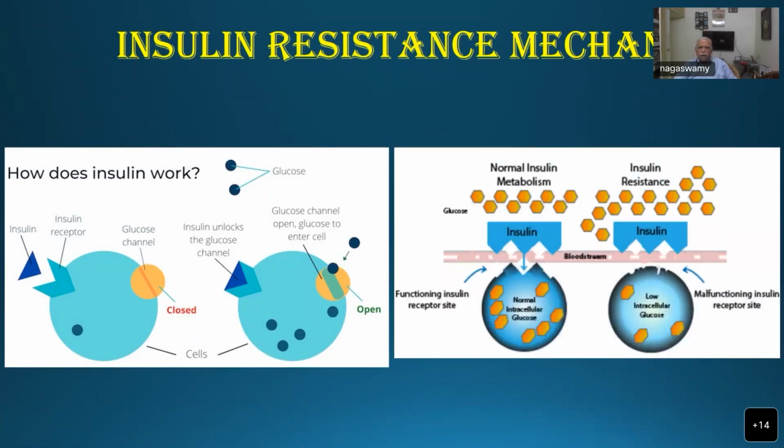In patients who have resistance, insulin is not able to bind to the receptor on the cell surface, so it is not able to open this GLUT transporter. Glucose is not able to enter the cell, and so the blood sugar level goes up.